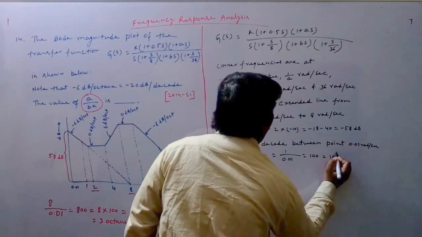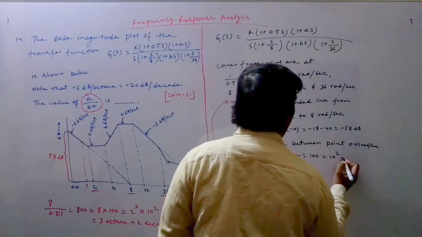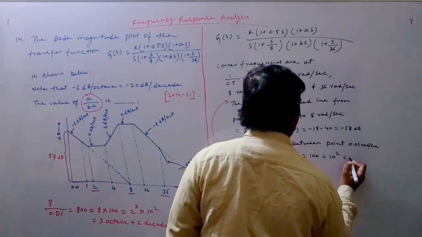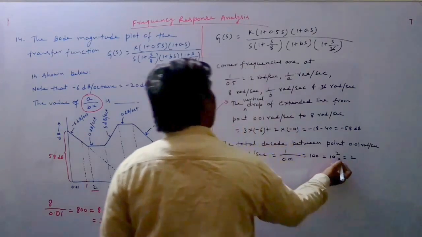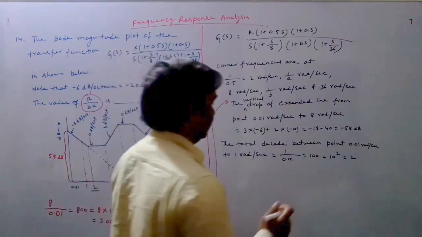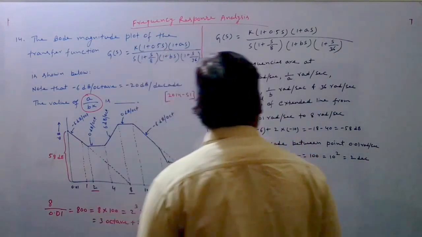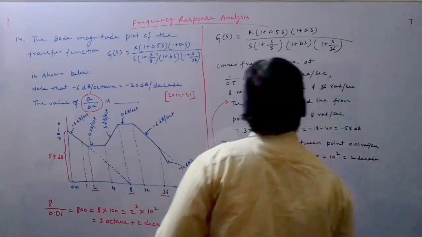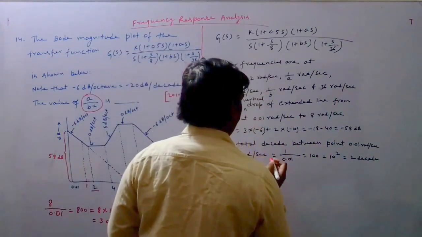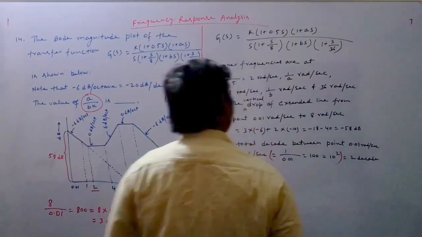So we can write it as 10 to the power 2. So it will be equal to 2, because the power of 10 will indicate the decade. So 2 decade. Let me write it in bracket.